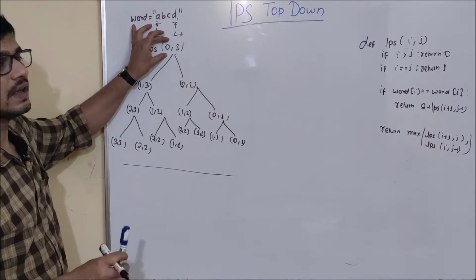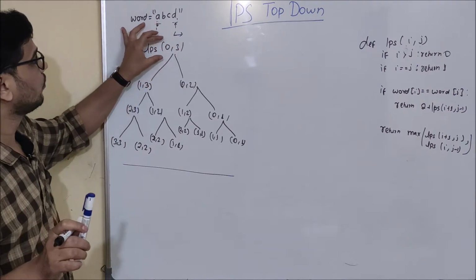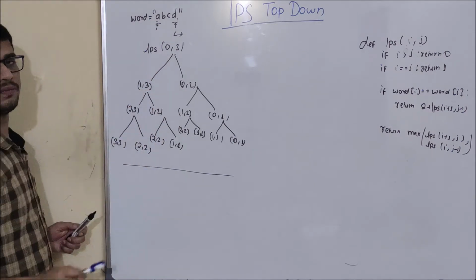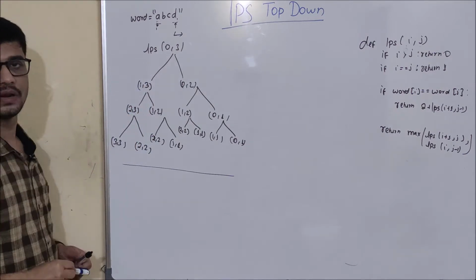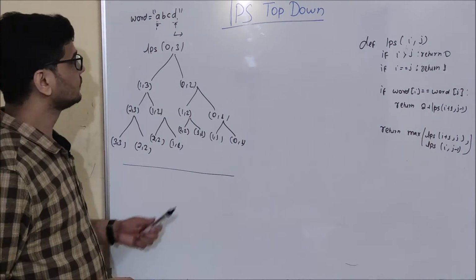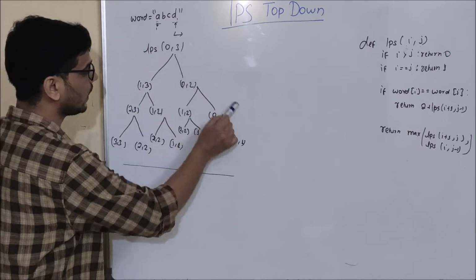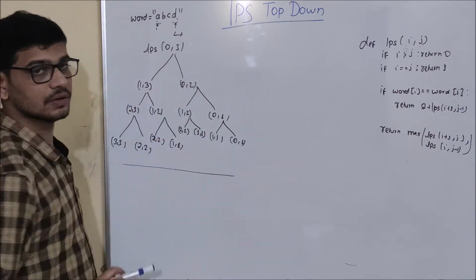Suppose I is denoting the row and J is denoting the column. To find the different values taken by I, we have to go to the left subtree. And to find the different values taken by J, we have to travel only the right subtree.